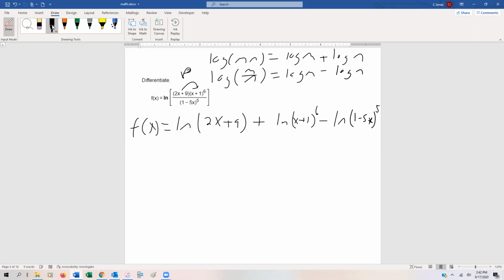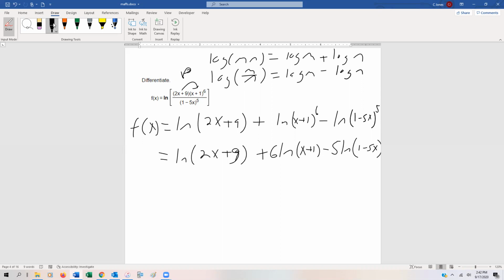Now, that's not the only rule that we can use, because you might remember that there's also that exponent rule for logarithms, meaning that if you have an exponent attached to a logarithm or a factor in there, then you could just move the exponent as a coefficient. So another way to write that is ln of 2x plus 9 plus 6 ln of x plus 1 minus 5 ln of 1 minus 5x.